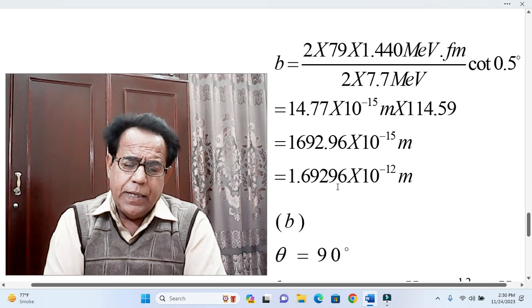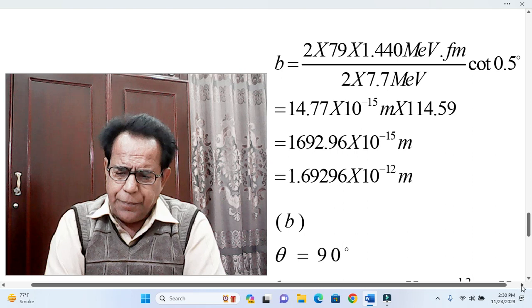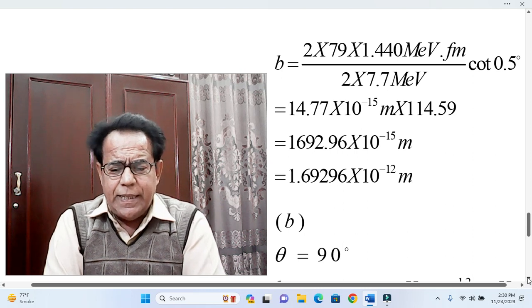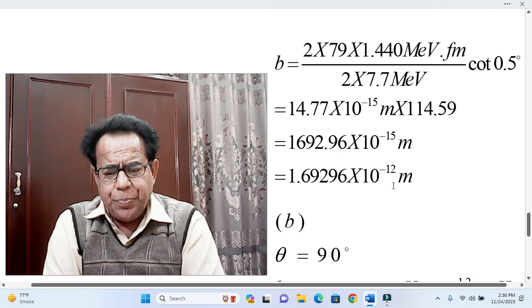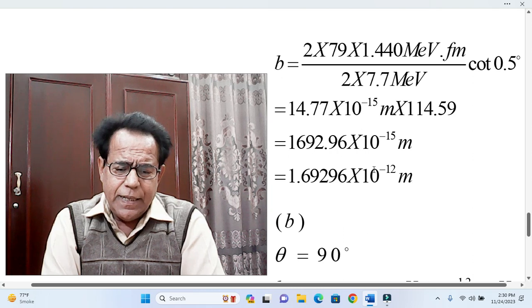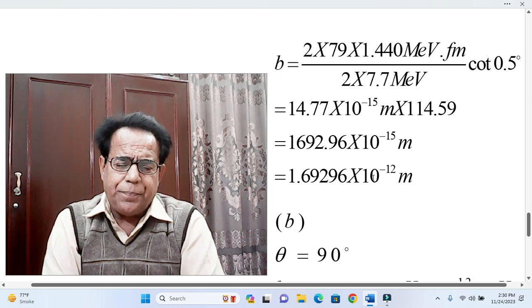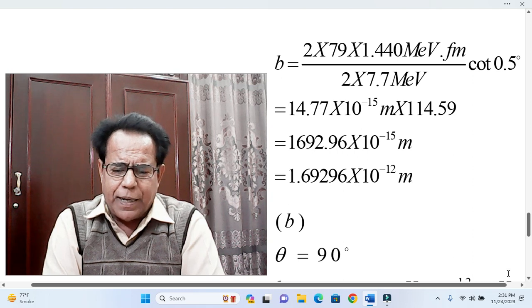Anyhow, in this form it is quite okay. In place of 10 raised to the power minus 12, we can replace it by a single letter which is equivalent to this value.